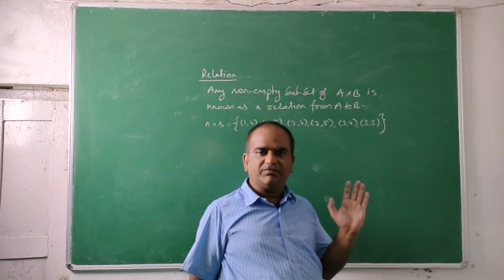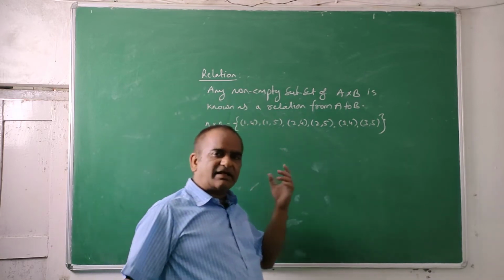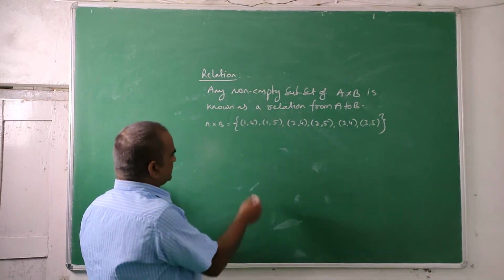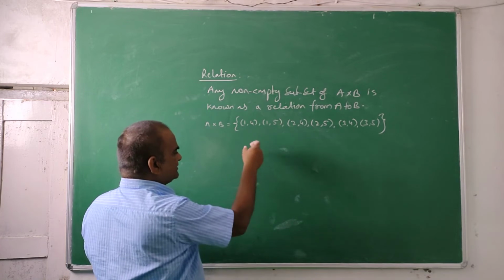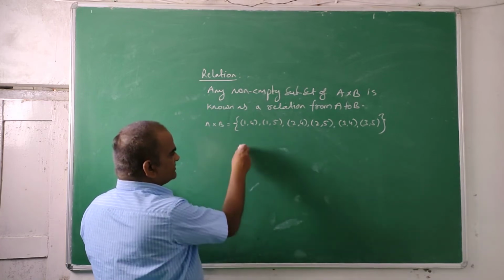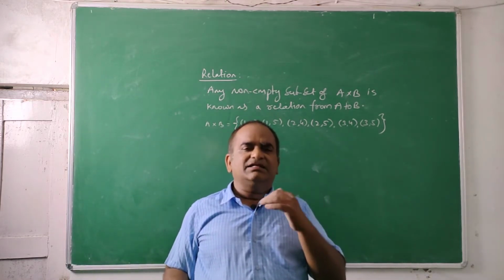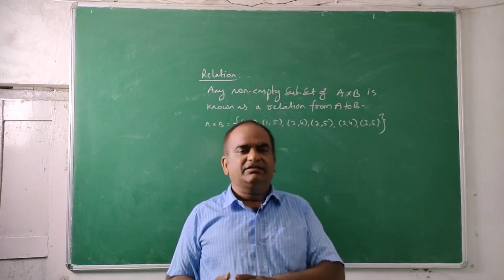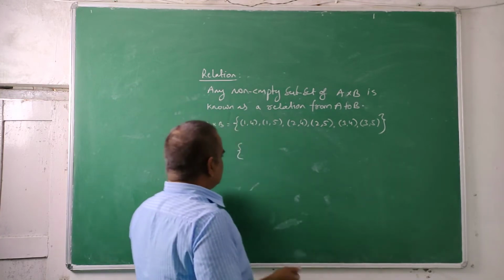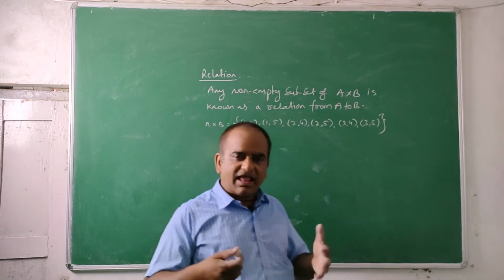This is A cross B we got. Now you take any non-empty subset of A cross B. It means you have to take a subset of A cross B which is not empty. So, how many elements you take? No matter. Only the condition is it should not be empty. So, you can start with one element, two elements. It is your wish. So, here I am collecting some subsets of A cross B as my wish.